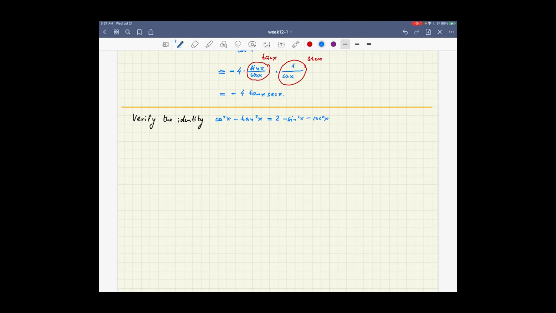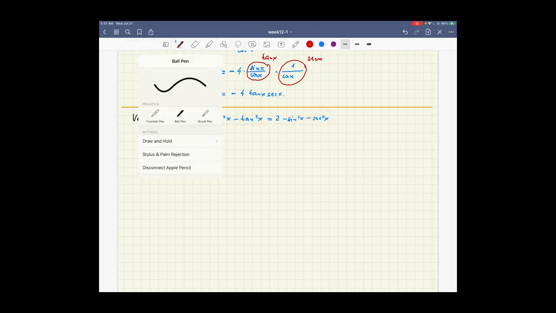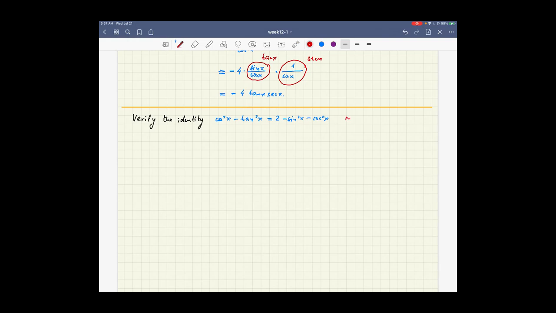So my first desire is to rewrite tangent and secant as fractions through sine and cosine.